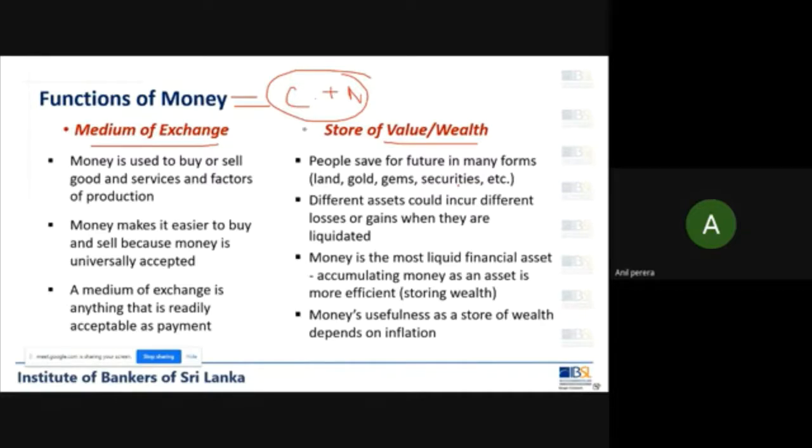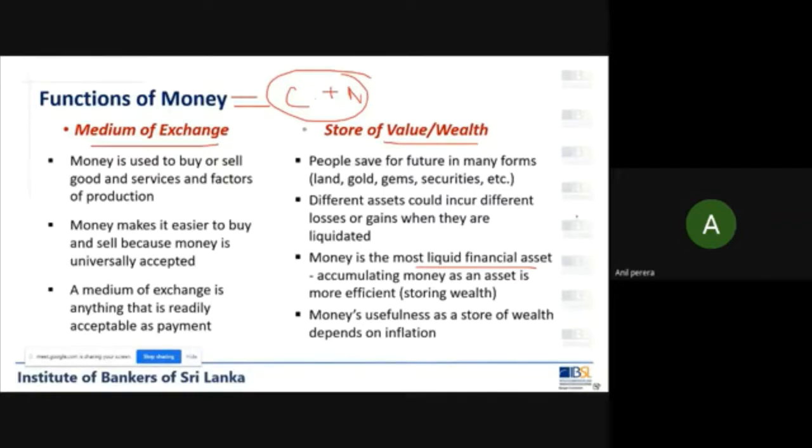When you liquidate it, you might incur different losses. For example, when you want to sell a land, probably you might be incurring a loss. Gold, a loss, likewise. But when you convert or use money, you are not incurring a loss because it's the most liquid financial asset. So people think accumulating money as an asset is more efficient in terms of storing wealth.